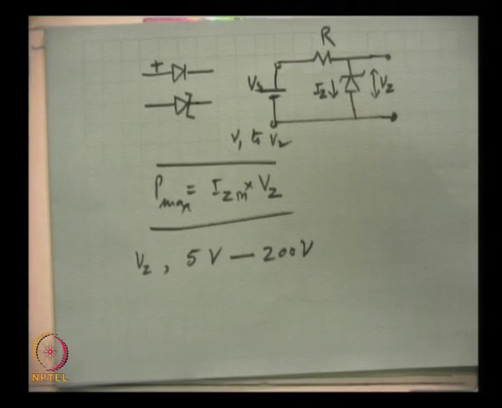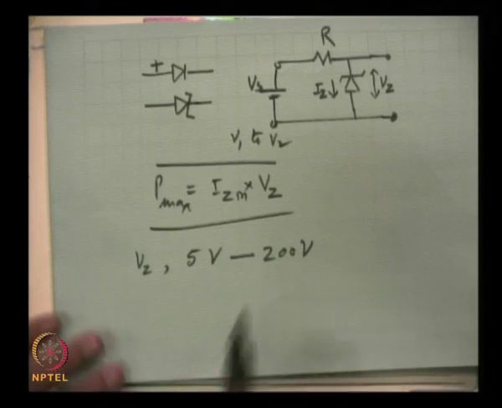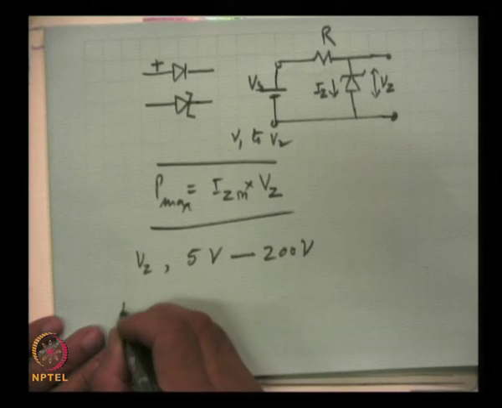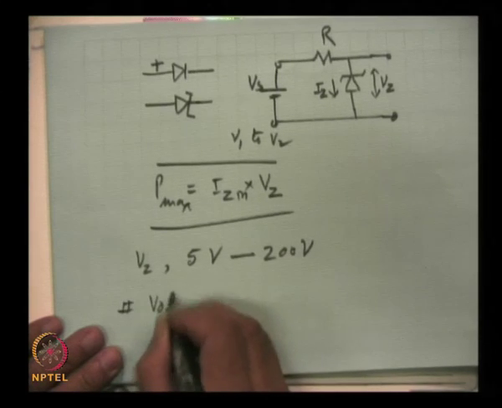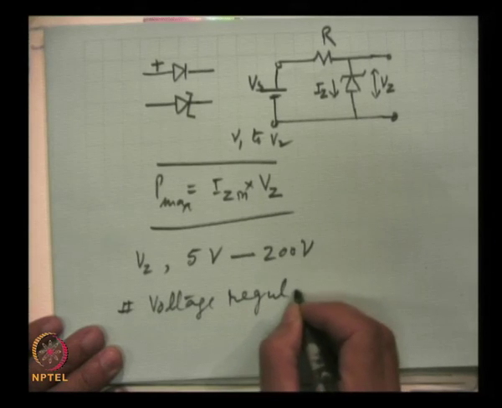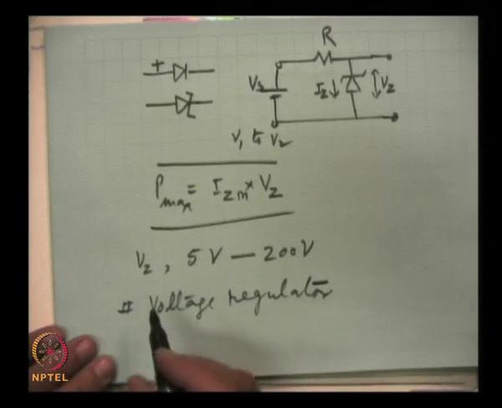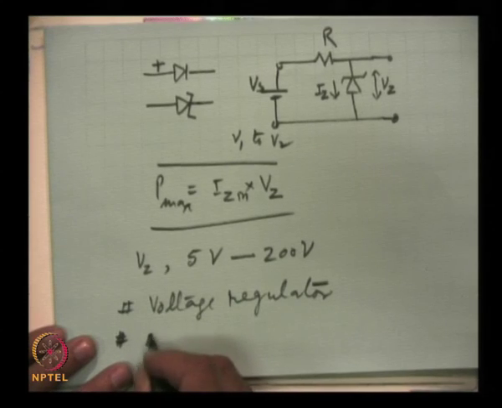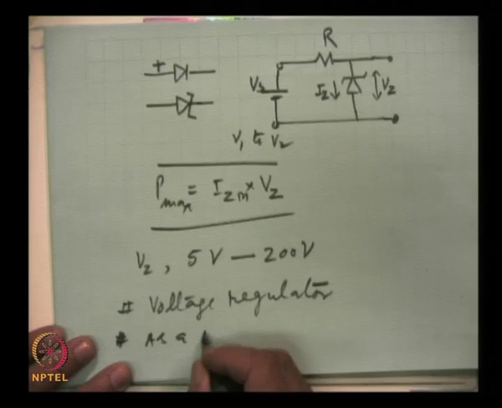There is a very large range of these voltages, and one of the biggest applications of the Zener diode is as a voltage regulator, that is, as a reference voltage.